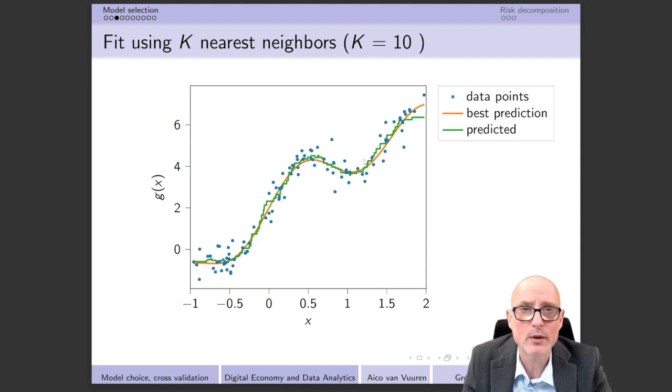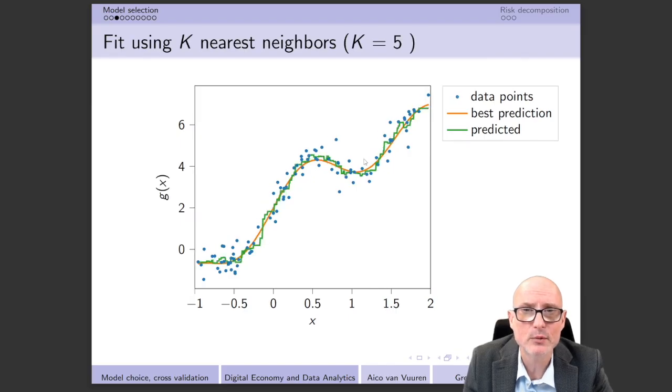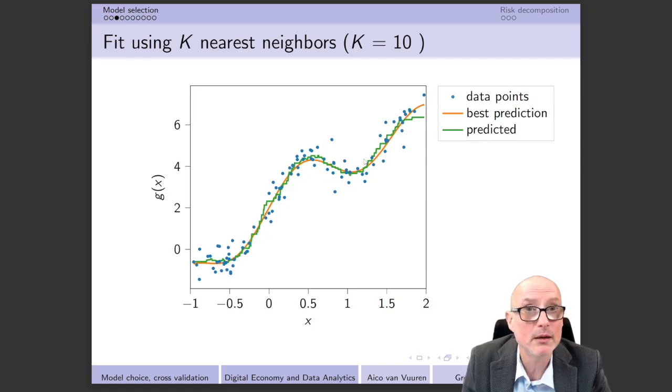So the question arises, could we even do better by going down to, for example, k equal to only 5? If we set k equal to 5, then things become a little bit more difficult, because now it's not that clear anymore whether this figure that we have over here is better than the figure that we had before. Maybe it is.